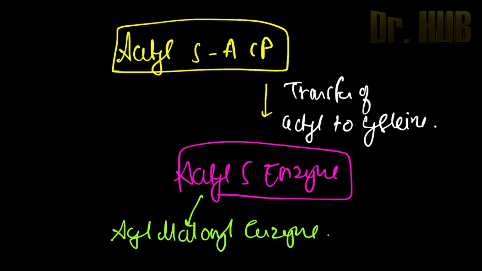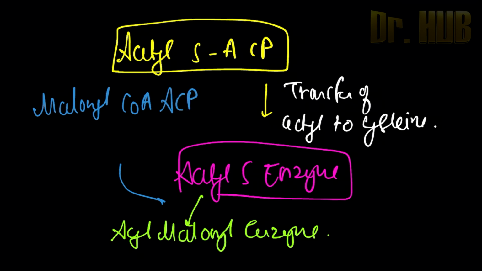In between the acetyl S enzyme and the acyl malonyl enzyme, the action of the malonyl CoA ACP transacylase is present. So here the enzyme involved will be the malonyl CoA ACP transacylase.